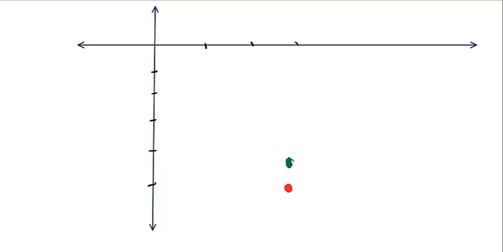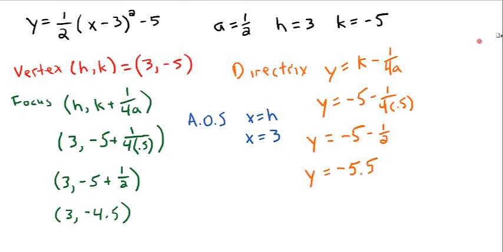So that's going to be roughly, and now I'm estimating, and I'm going to put this in. Our focus is 3 comma negative 4.5, and then our vertex was 3 comma negative 5. Let's go back to other screen, add some more stuff.